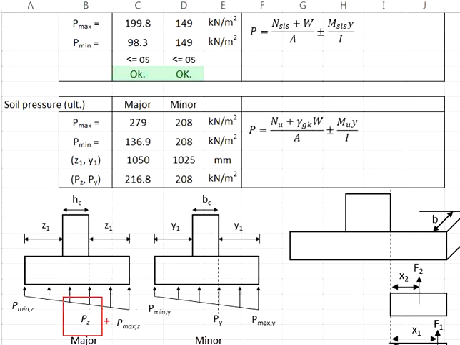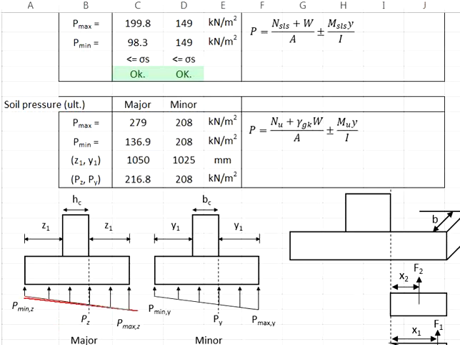As for the Pz here, you will need to do some interpolations. P max in the z direction is 279 kilonewton per meter square, and then P min z will be 136.9 kilonewton per meter square.